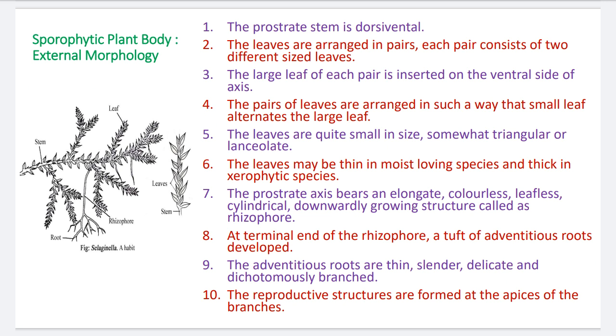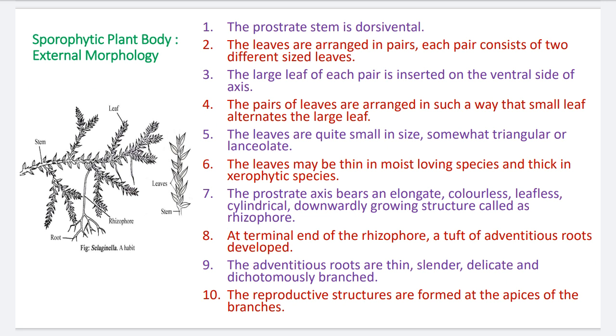Number 7. The prostrate stem bears an elongate, colorless, leafless, cylindrical, downwardly growing structure called the rhizophore. The rhizophore develops from the main axis or the stem, which is long, colorless, leafless, cylinder-like, and grows inside the soil.